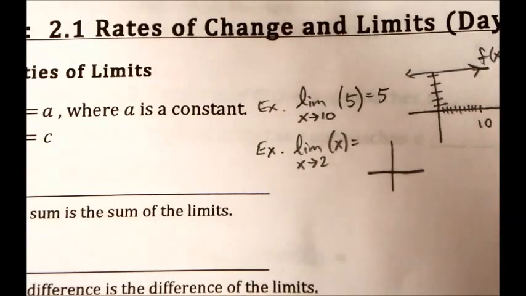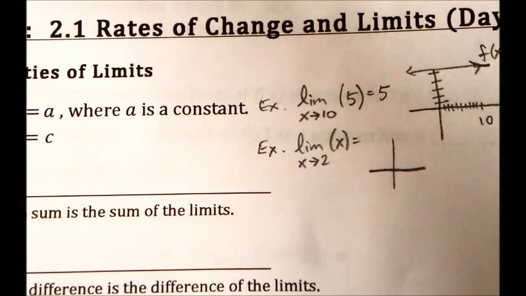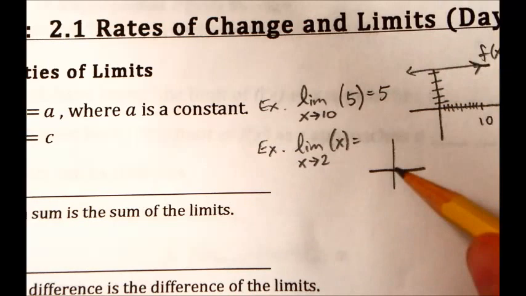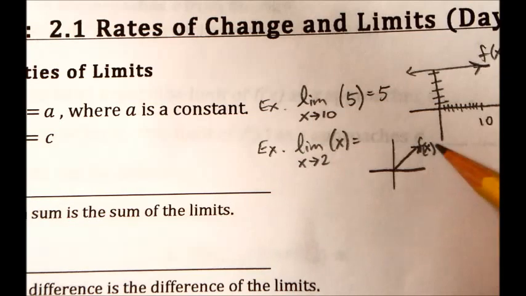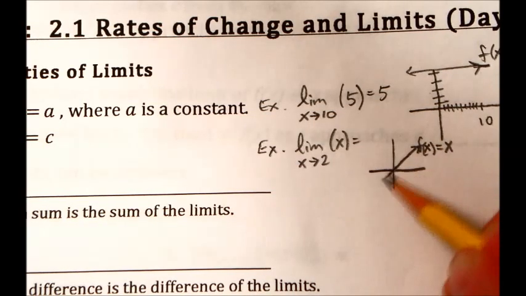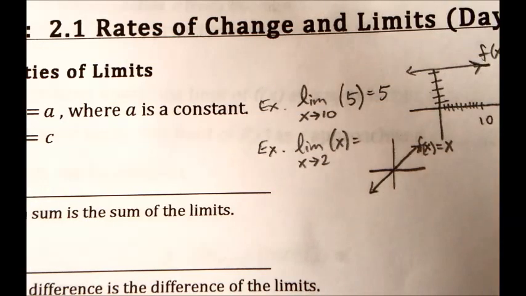I guess I should show you what I'm drawing here. Sorry, I blocked it. Okay, so this is the y equals x function. f of x equals x. It's just a linear function, slope 1, passes through the origin.